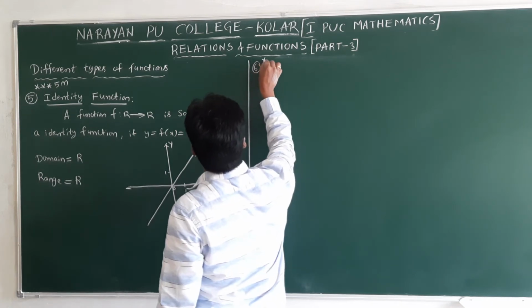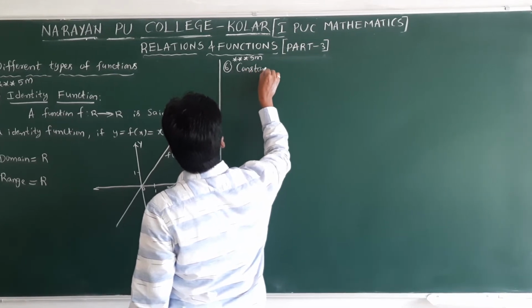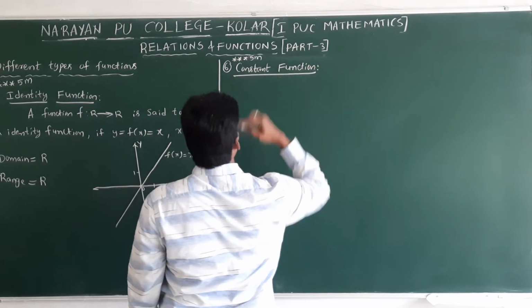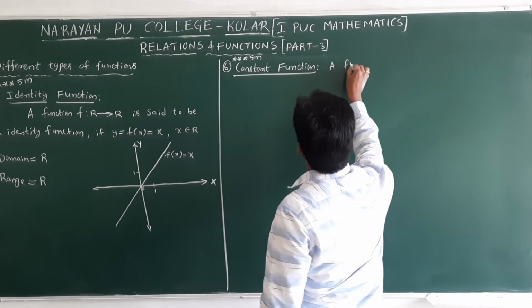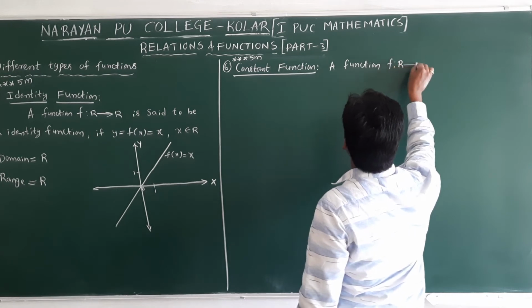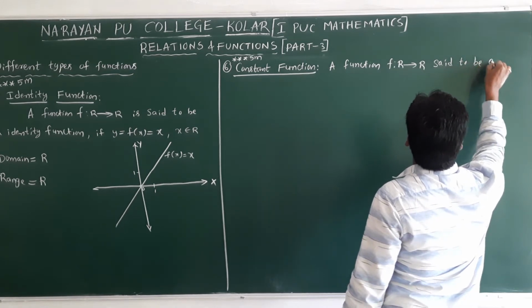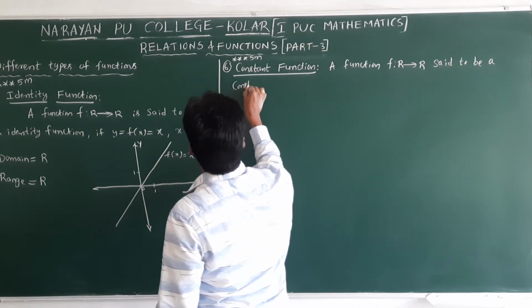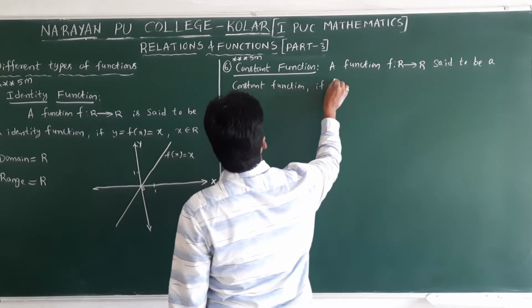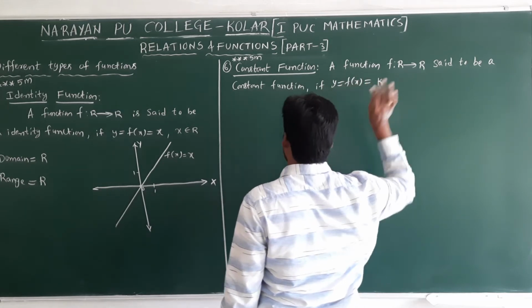Next, it's also important, constant function. Same, constant function, a function f maps R to R said to be a constant function if y equal to f of x equal to some constant k, okay, no problem.